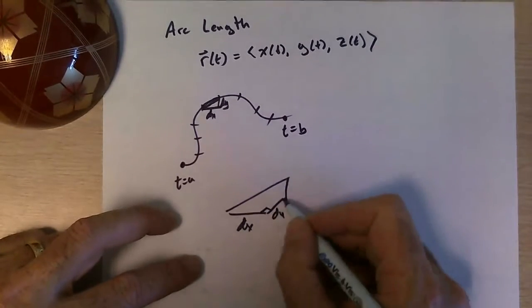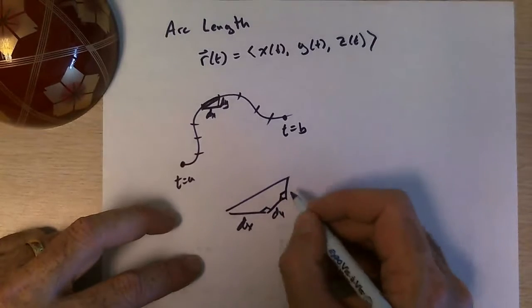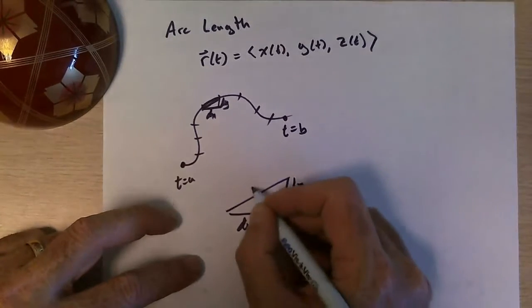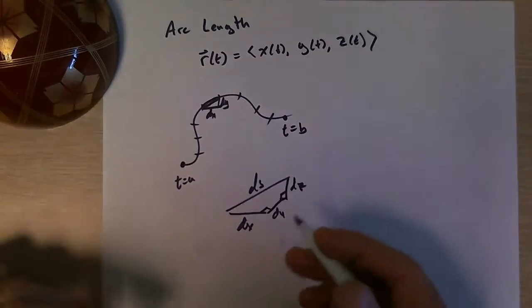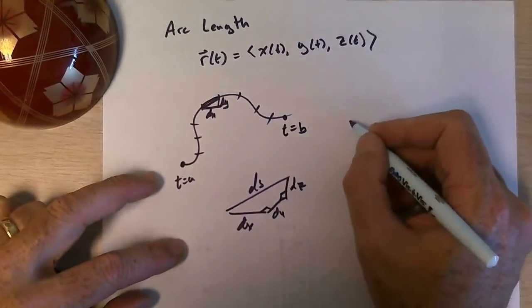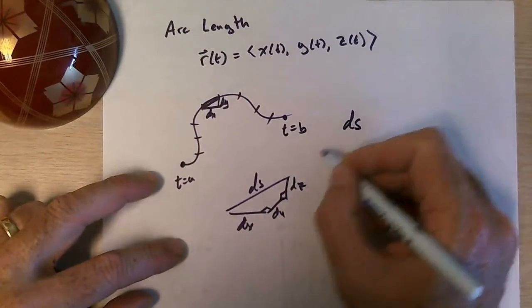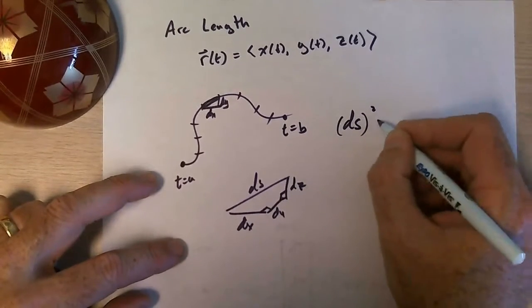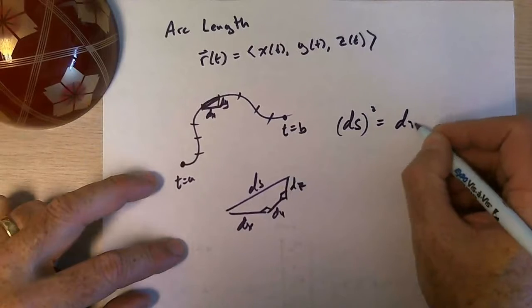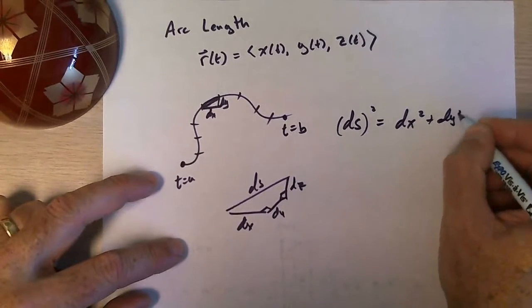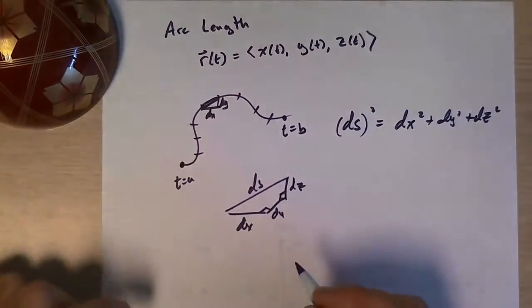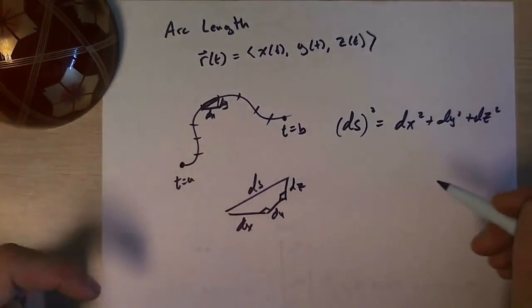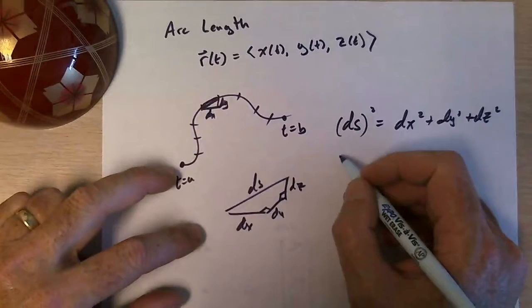So this is down in the xy plane, this is perpendicular this way, and that ds is given by the distance formula in R3, so that little bit of arc length squared is dx squared plus dy squared plus dz squared. Take the square root to get the actual length.